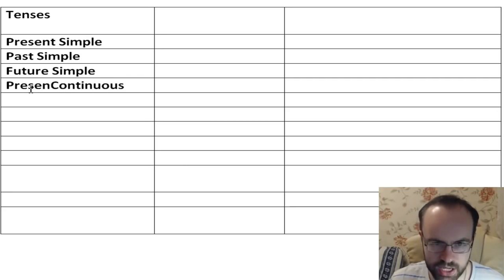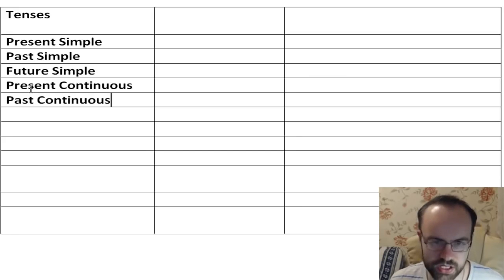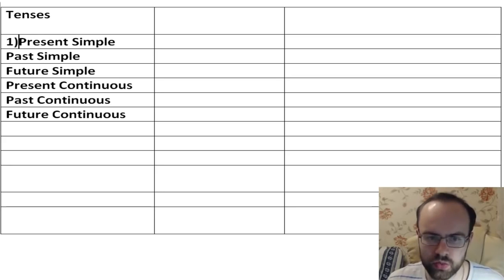So you say present continuous, past continuous, future continuous. Right. So the third group, the first big group, we call it simple.